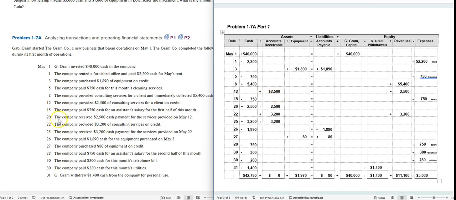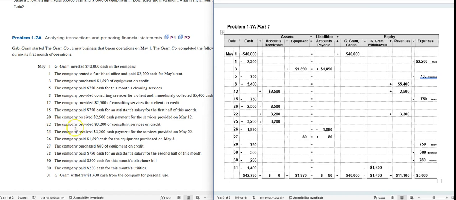Now on the 20th, the company is receiving that payment from the client. So cash needs to be increased, and we're not providing new services to the client. The client is paying us for prior services, which means they no longer owe the $2,500 account receivable. Our accounts receivable need to be decreased.